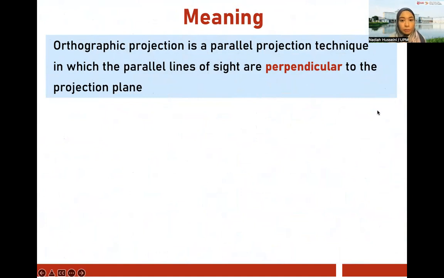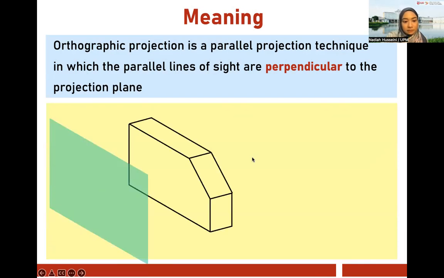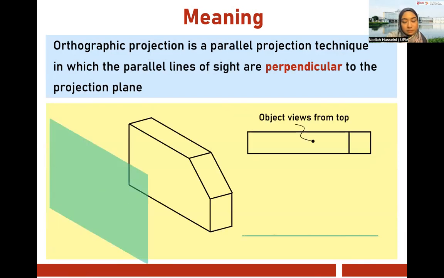Again, orthographic projection is a parallel projection technique. Dia parallel projection yang kita dah tengok tadi tu, in which the parallel lines of sight are perpendicular to the projection plane, which is the same thing as we saw just now, I think. Okay. Dia kena perpendicular.